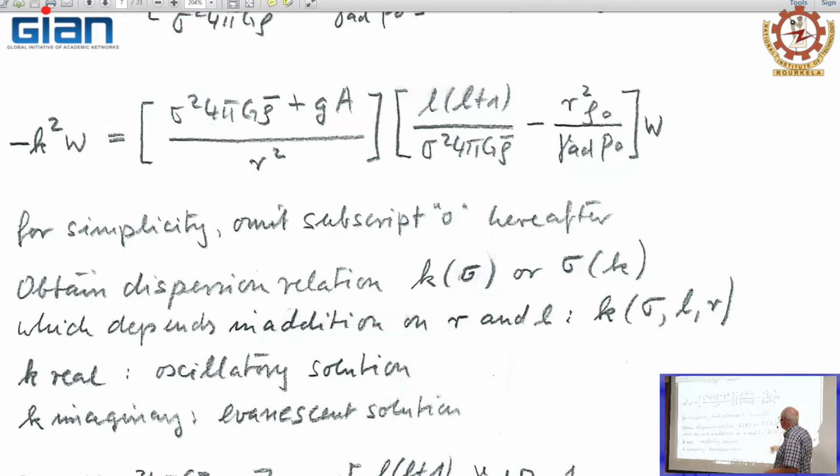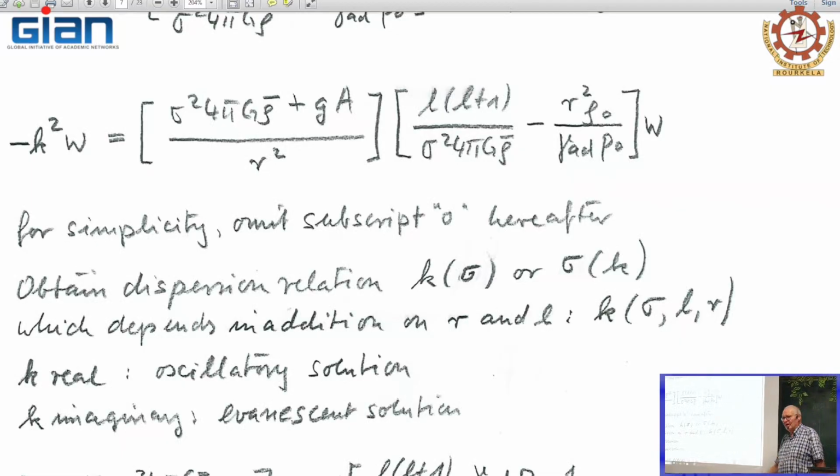P0 and ρ0 are functions of the hydrostatic model, and therefore the coefficients of this dispersion relation in general depend on radius, the parameter L, and on sigma, or vice versa: sigma of k, L, r, can be read the opposite way.